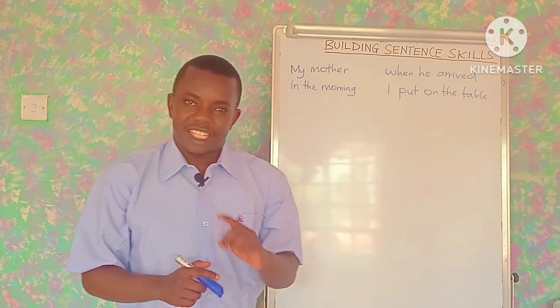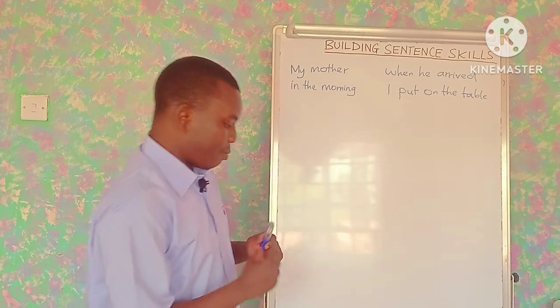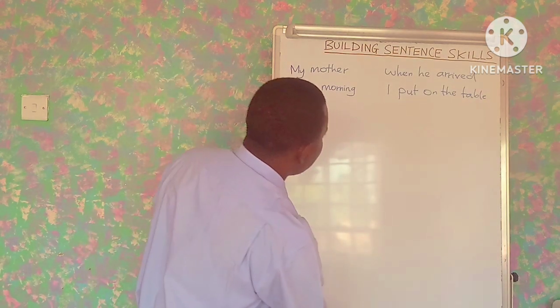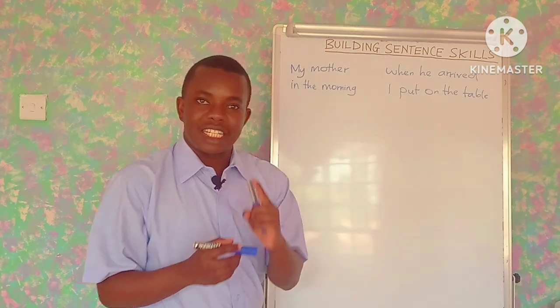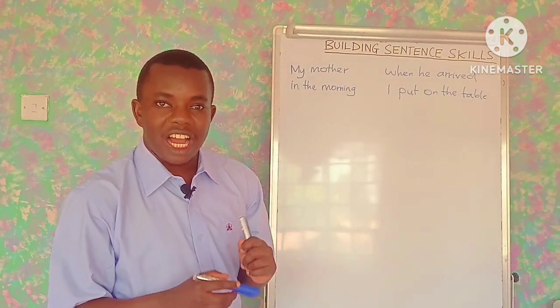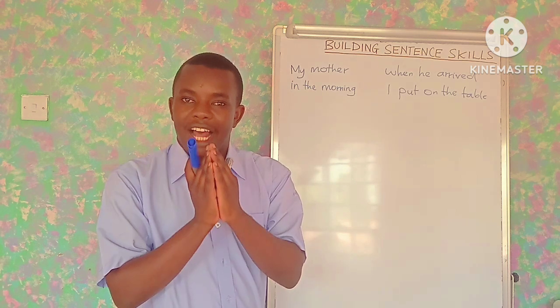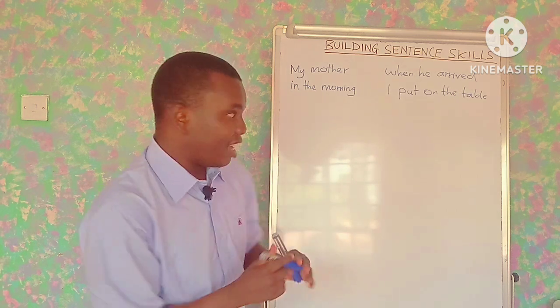So the first thing that we need to remember is that a sentence at its very least has what we call a subject and at least a verb.